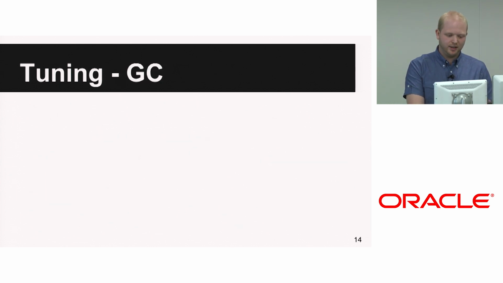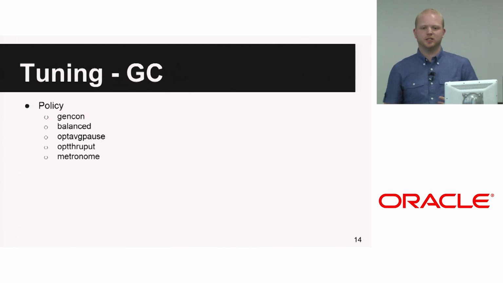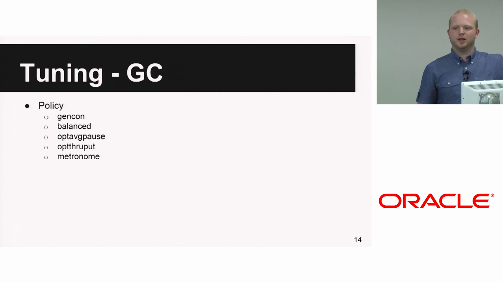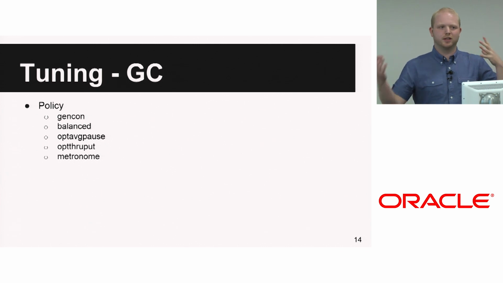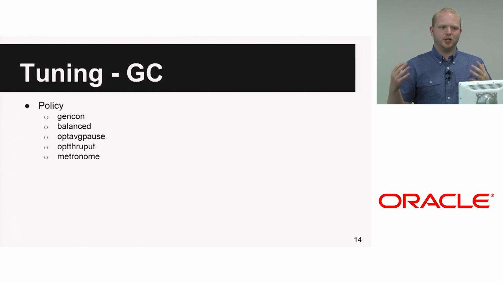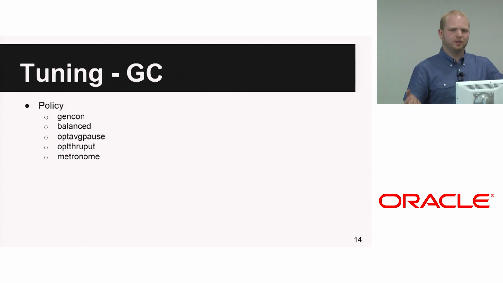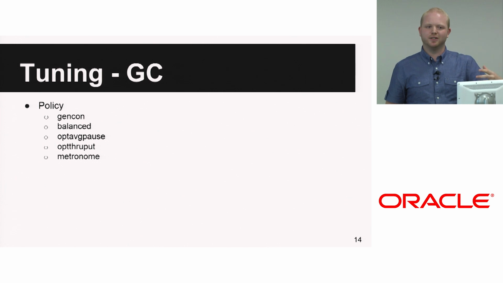Moving on to GC, there's one thing to say first about the JIT. The JIT features are generally designed for debugging. You don't necessarily want the users to keep changing the way the JIT behaves. The GC is kind of in the other direction, where most of these features are actually designed for exactly that.